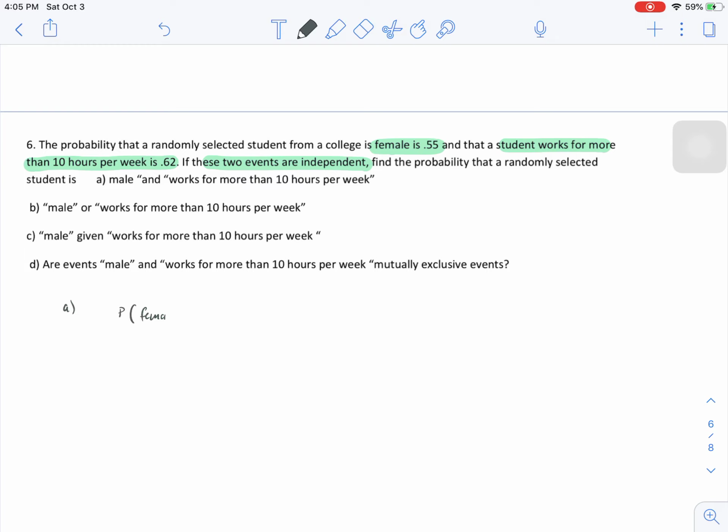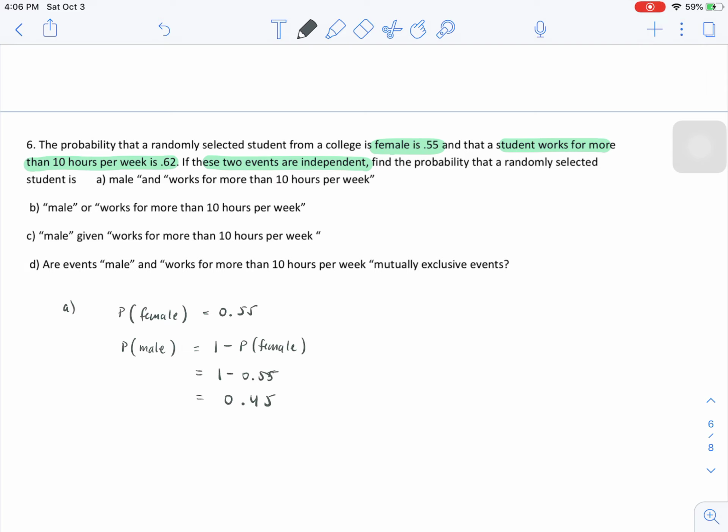We're given that the probability that a student is female is 0.55. Assuming here that we're only considering two genders, the probability that a student is male is precisely equal to 1 minus the probability that a student is female, because being male in this scenario is the complement of being female. So 1 minus 0.55 is equal to 0.45.